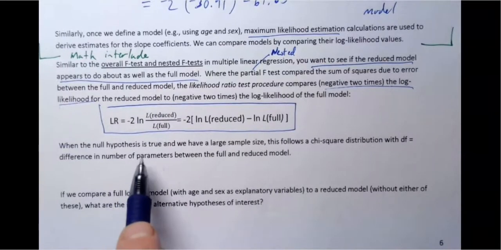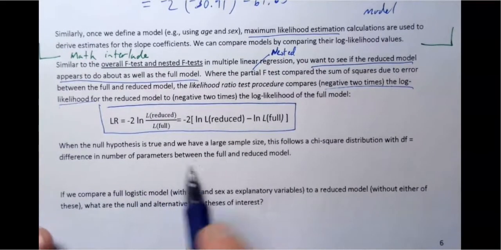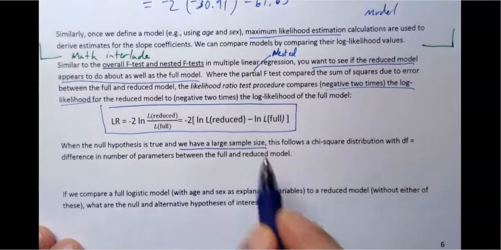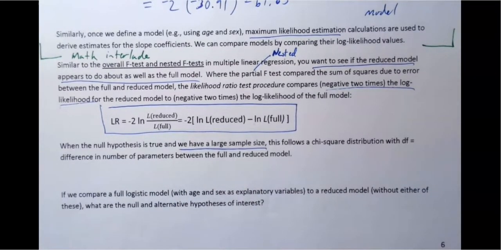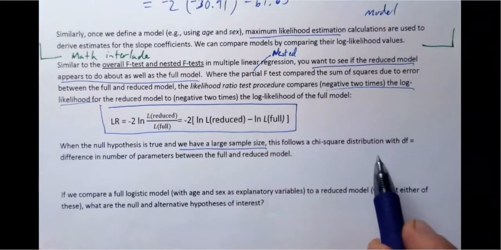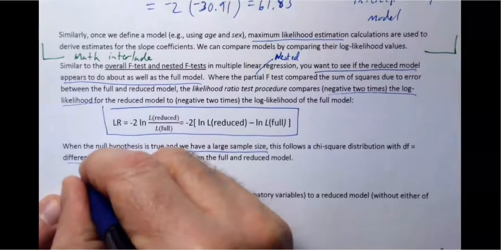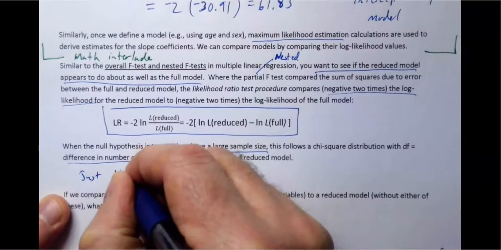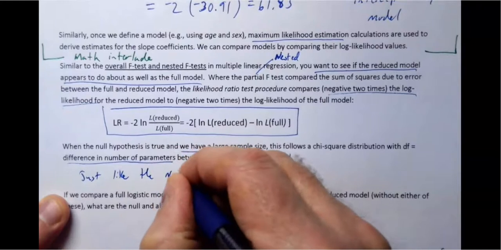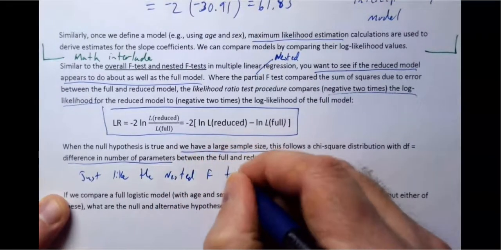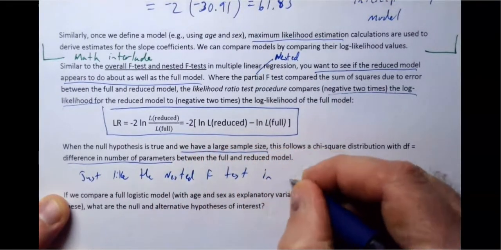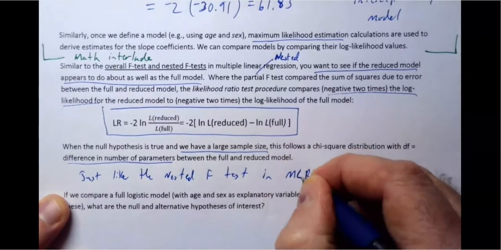So when the null hypothesis is true, and again, this all assumes that we have a large enough sample size, then this is going to follow a chi-squared distribution with the degrees of freedom equal to the difference in the number of parameters, just like the nested F test in multiple linear regression.